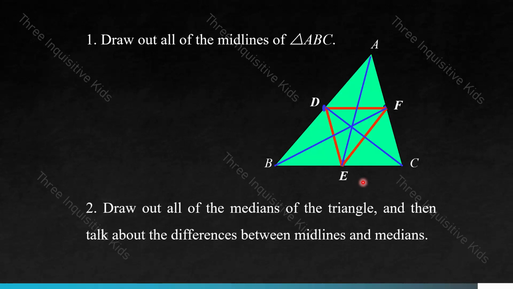But here's how I like to remember it. Midlines and midpoints both have MID as their prefix. So midlines are created by connecting midpoints, and medians refer to the lines that split an angle in half. So as you can see, midlines split sides in half, and medians split angles in half.